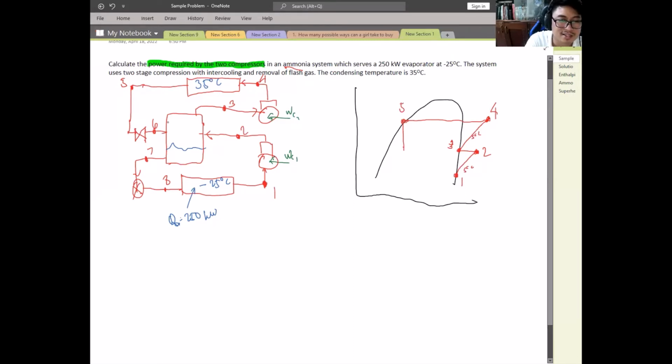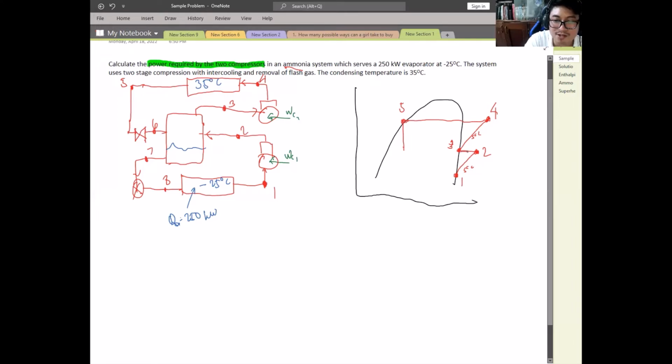So kung ano yung pressure at 0.3, yun ang magiging pressure at 0.2, 0.6, and 0.7. So nasa isang pressure line lang sila kasi yun ang common denominator nila, yung flash tank, di ba? Flash tank and intercooler. So hanggang dito lang siya sa kalinya niya itong 0.3 and 0.2.